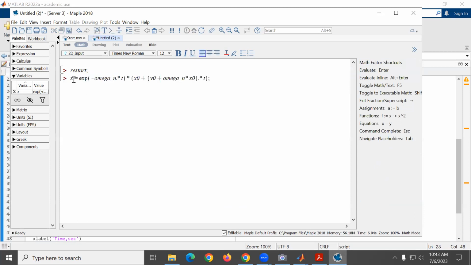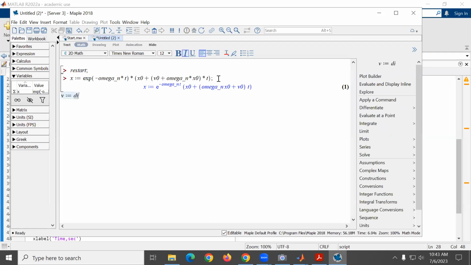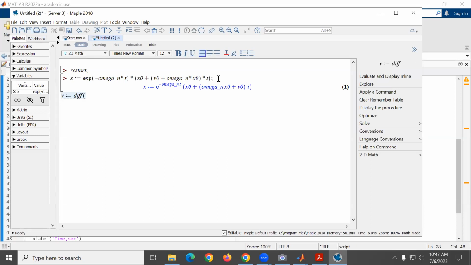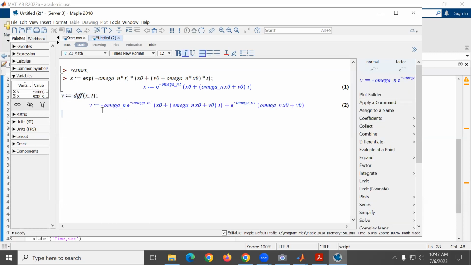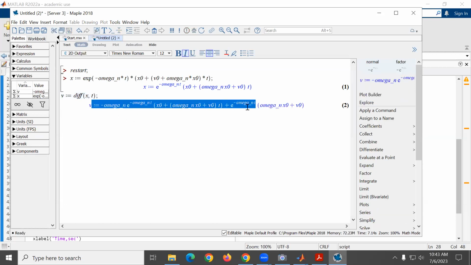Control V, X this, and you need to remove the points. Here we go. Enter. V equal to differentiate X with respect to T.